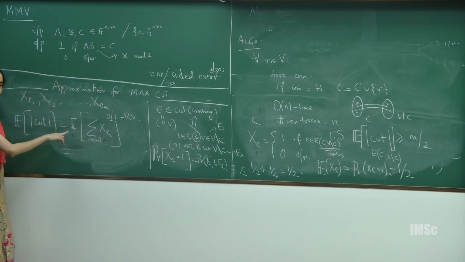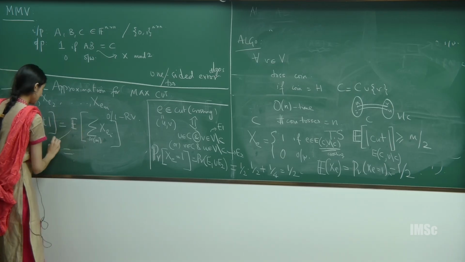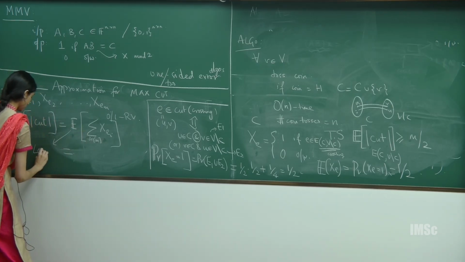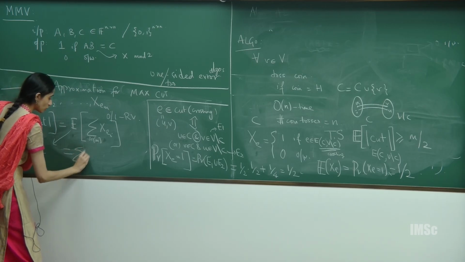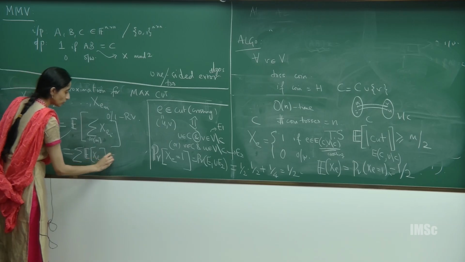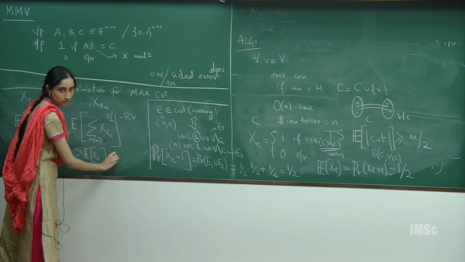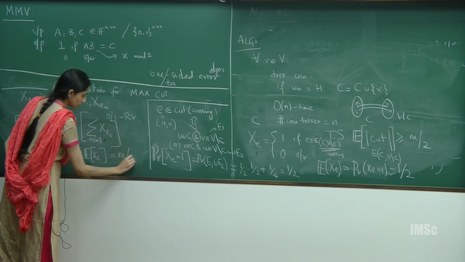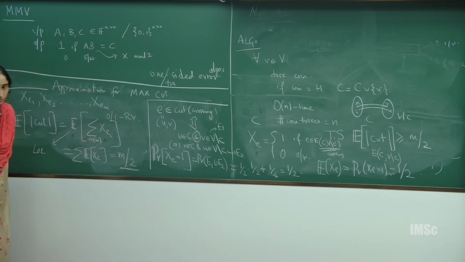So I have to compute the expectation of a sum. What can I do? Linearity of expectation, right? So this is the same as sum over all expected. Each of them is half, and how many of them are there? M of them are there, so the expectation is M by 2. So expected size of the cut is M by 2.